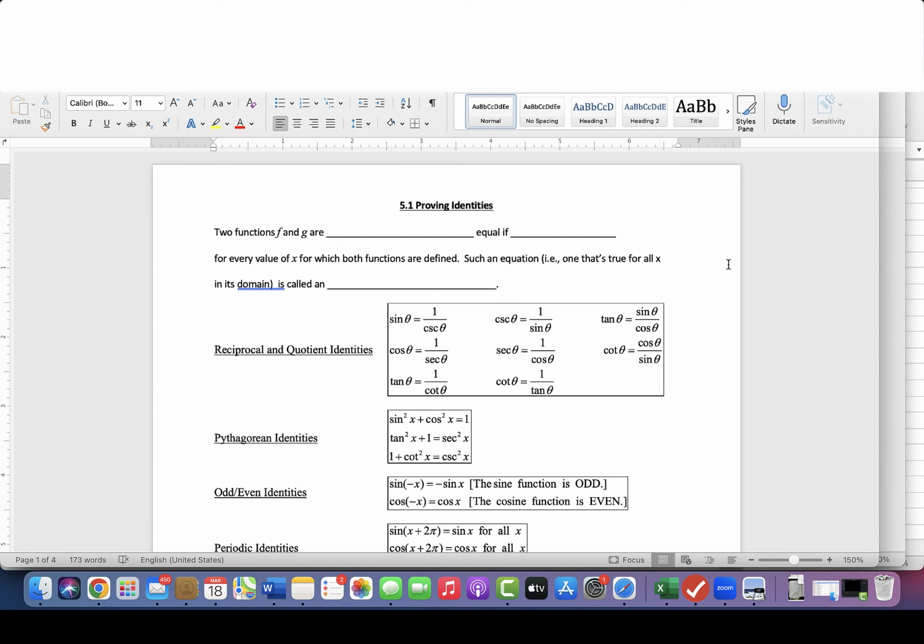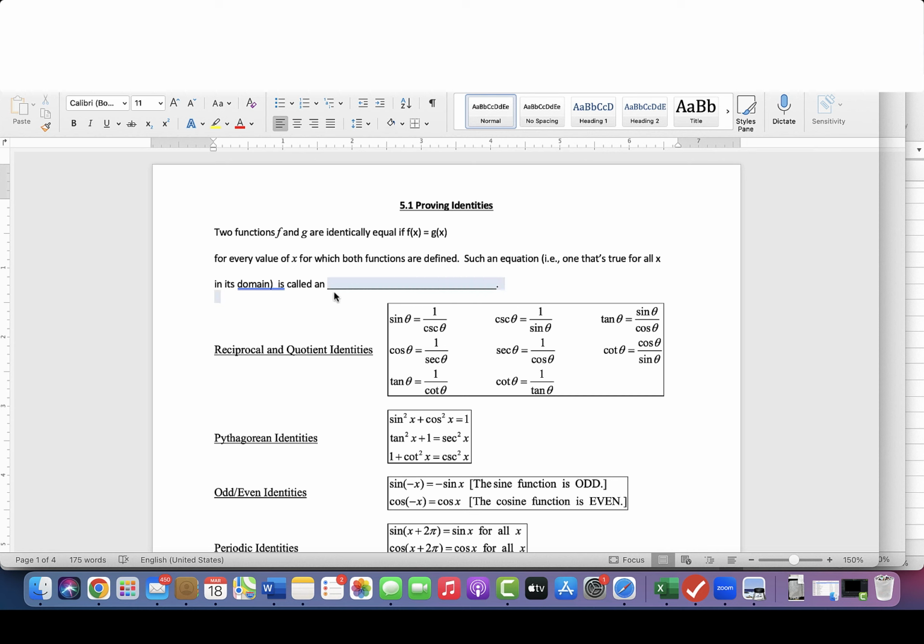So let's jump forward to today, 5.1, proving identities. First of all, what's an identity? Well, two functions f and g are said to be identically equal if f of x is equal to g of x for every value of x for which both functions are defined.